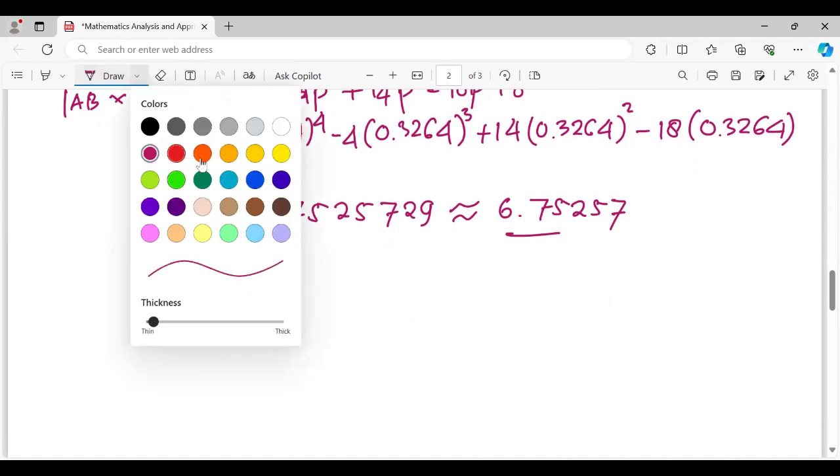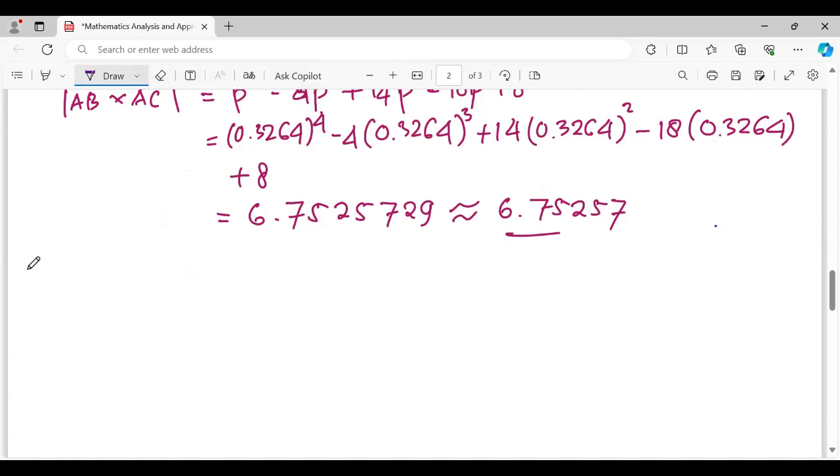Now, at C, we are going to find the possible smallest area. So the area of a triangle is half times AB times AC.